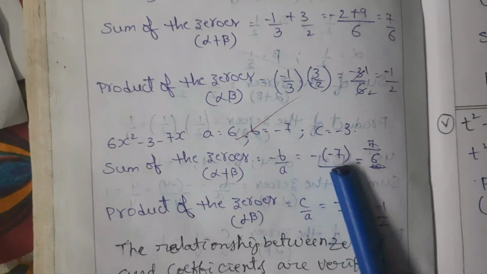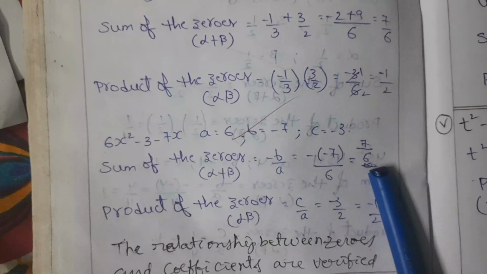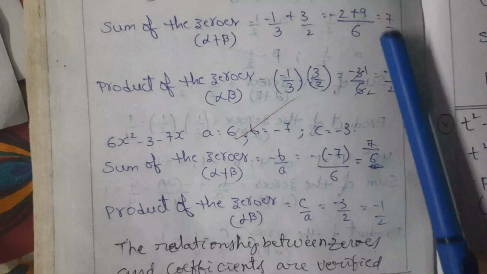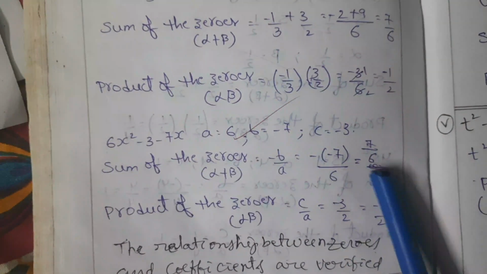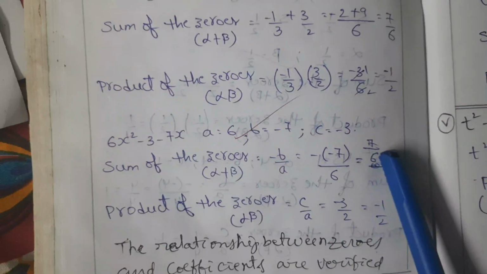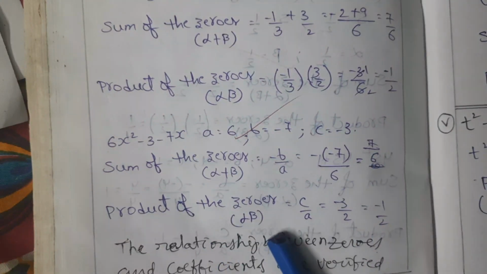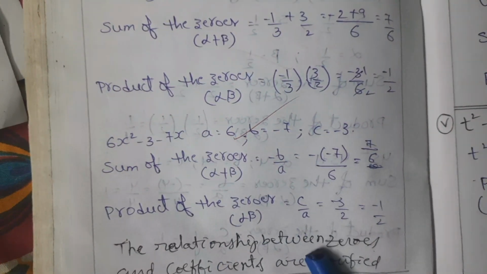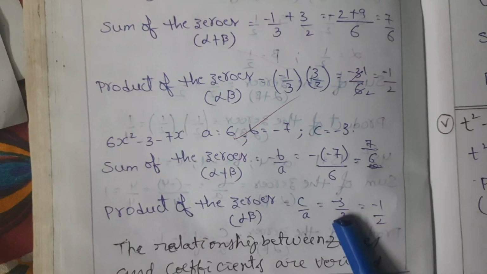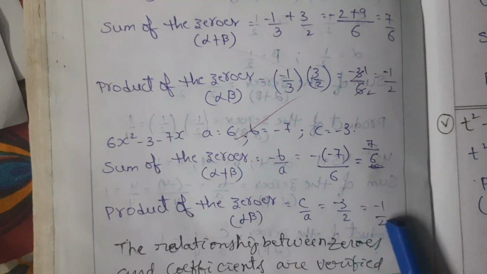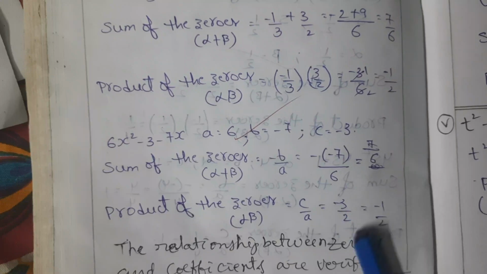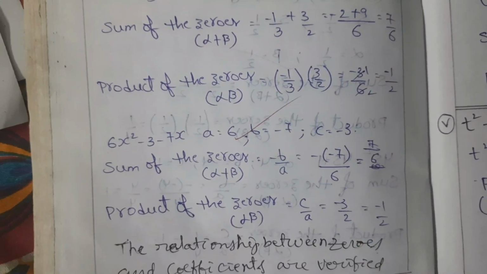So this is minus into minus, plus 7 by 6 got. Previously we got 7 by 6 and this one also 7 by 6. That is the sum of the zeros one way. By the formula way it is 7 by 6. Product of the zeros, alpha beta, is equal to c by a. This is c value, how much? Minus 3. A value 2. So minus 3 by 2. See, this value we got.